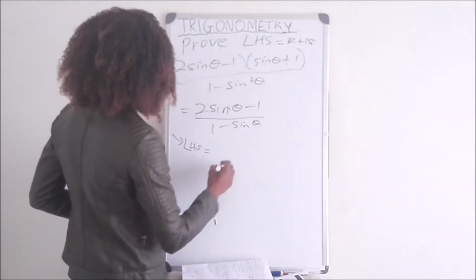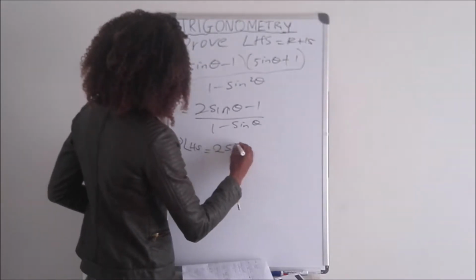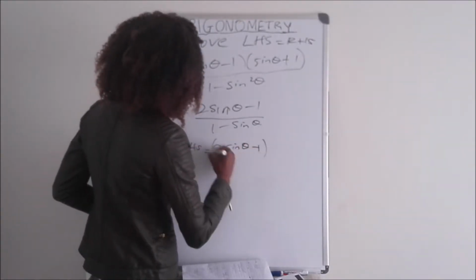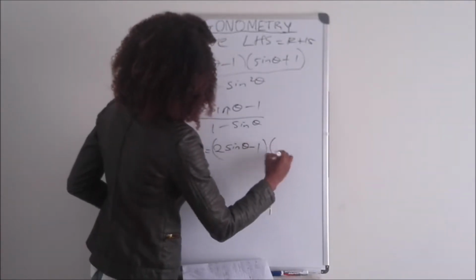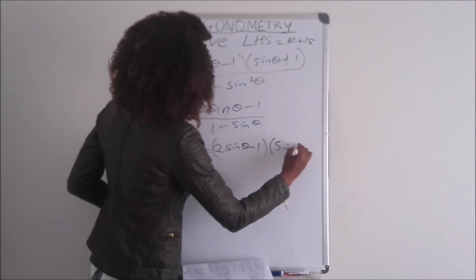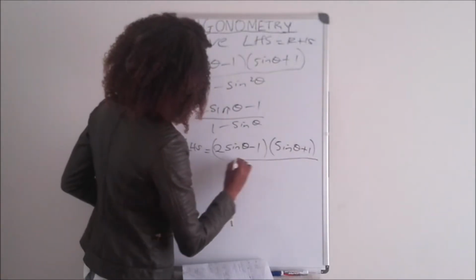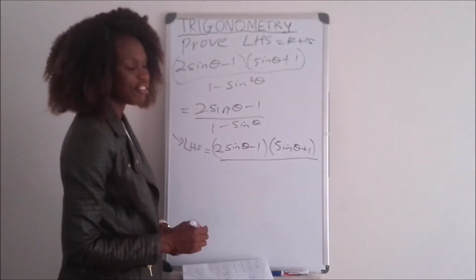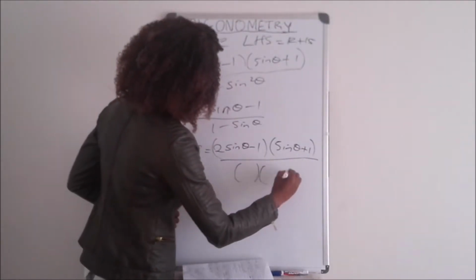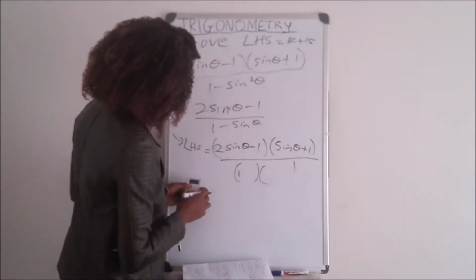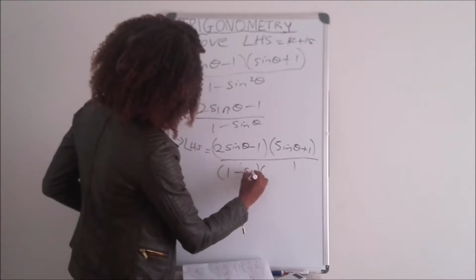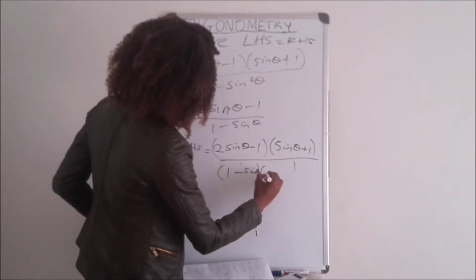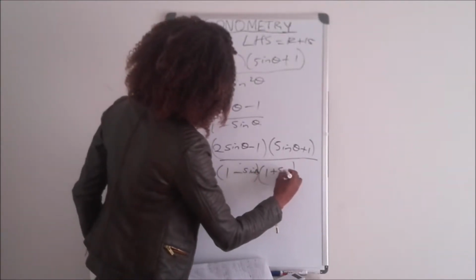Then from our left-hand side, we have 2 sin theta minus 1 into sin theta plus 1. Then in the denominator, we have a difference of 2 squares, so we'll have 1 minus sin theta into 1 plus sin theta.